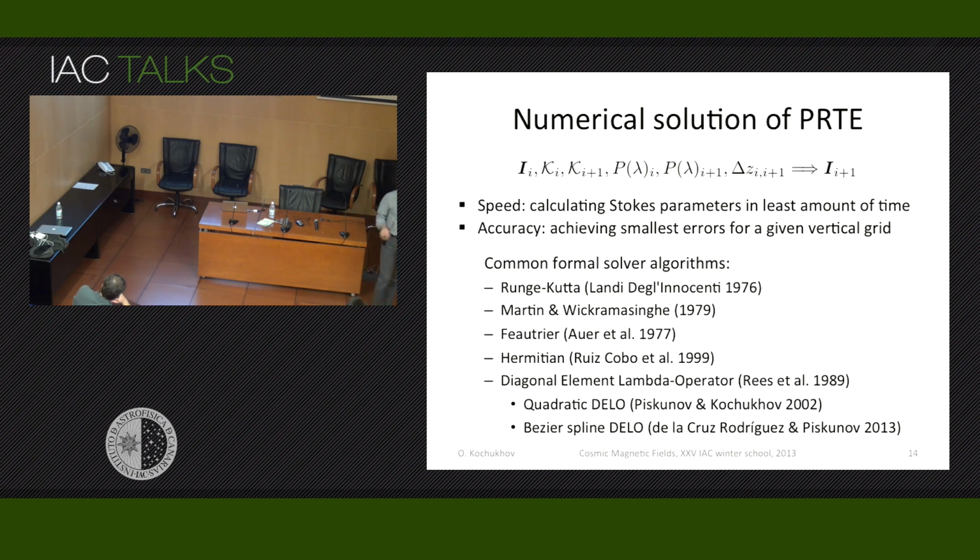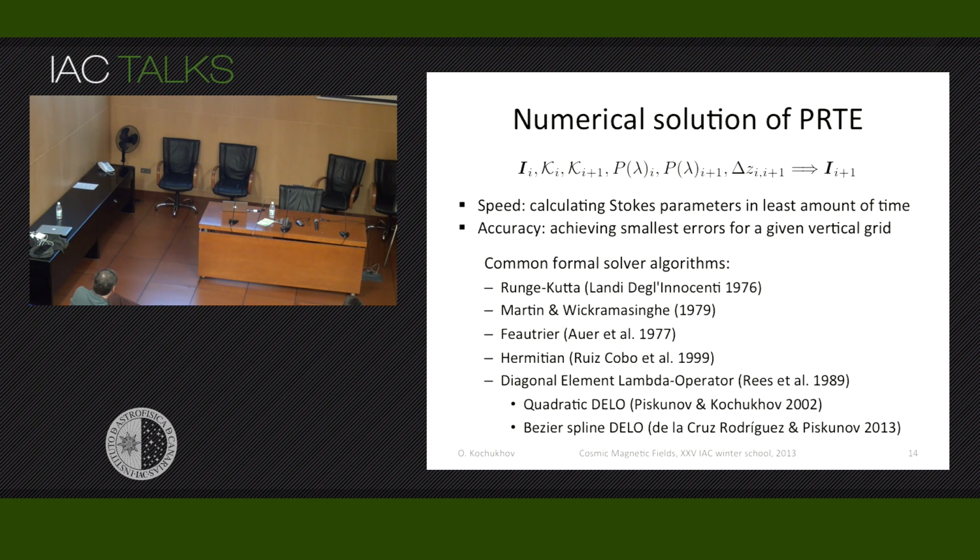There are various tools, various algorithms suggested in the past, and they have their advantages and disadvantages. I will not really go into these numerical details. It is sufficient to say that what is important for us is, of course, accuracy. We need to achieve the smallest possible error. And the important thing is that we are usually not able to compute stellar atmospheres with infinite grids, with very fine grids.